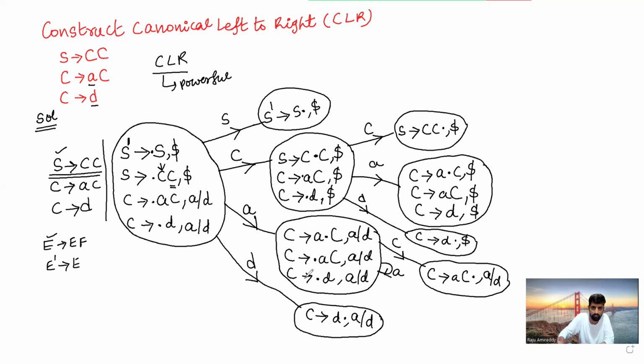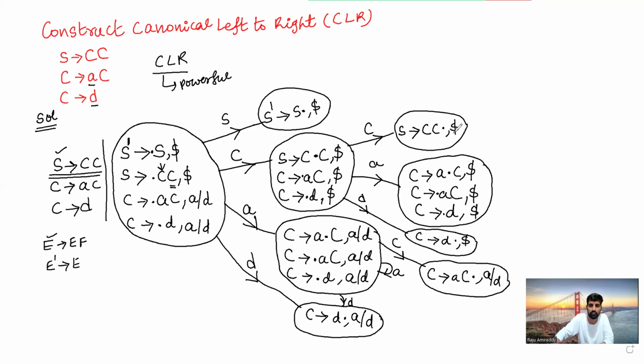Now you see C tends to dot D will become C tends to D dot. So it will become C tends to D dot and A by D. Now you see we have the production already there. That's why I have taken C tends to D dot comma A by D. Now you see we are going to have the next production S tends to CC dollar.